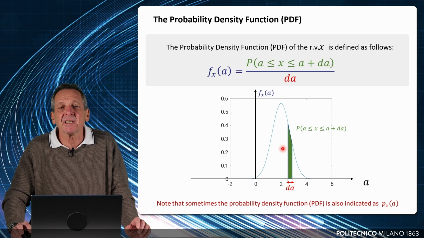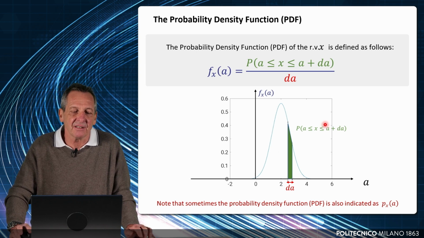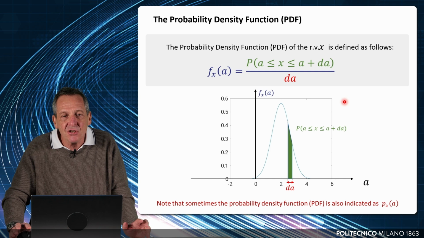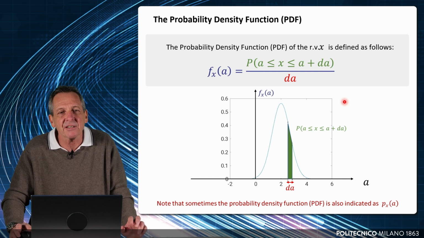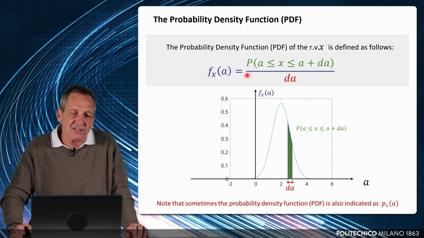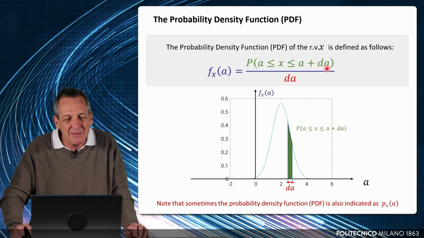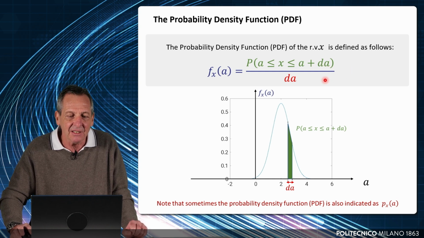The second, very important function that we can use to compute probability is the probability density function. And it is defined as the ratio between the probability that the random variable is within an infinitesimal interval between a and a plus dA, divided by dA.